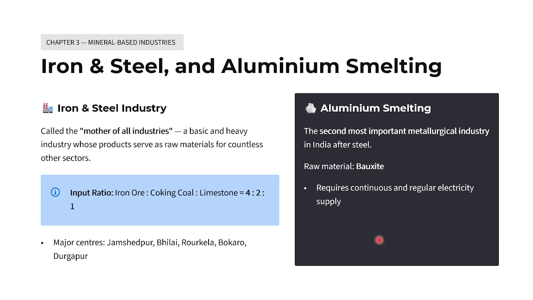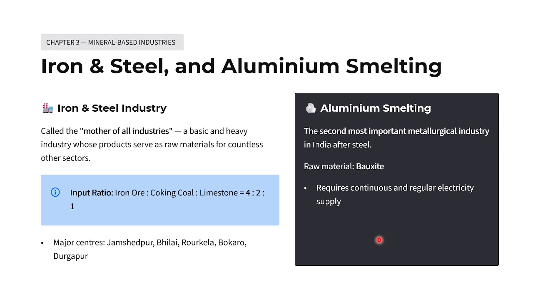It is 4 to 2 to 1. Major iron and steel industries are concentrated mostly in the northern and northeastern states, basically Jamshedpur, Bhilai, Rourkela, Bokaro, then Durgapur. These are the major centers of the iron and steel industry.